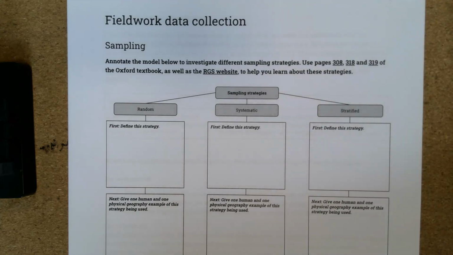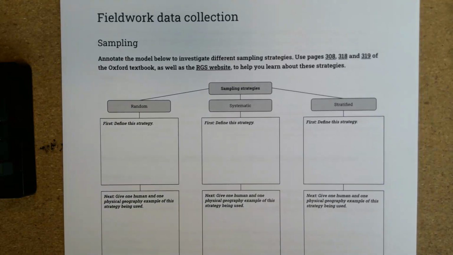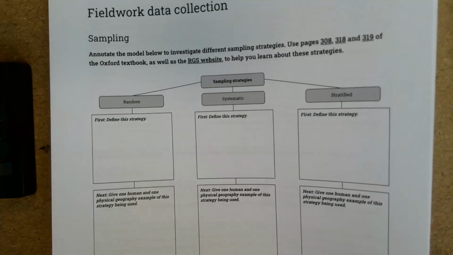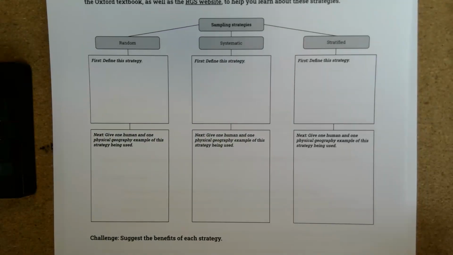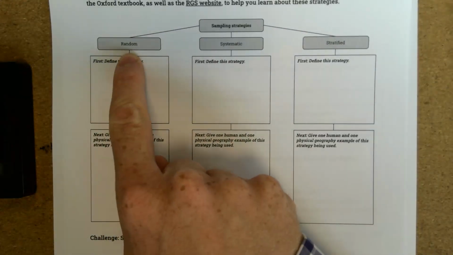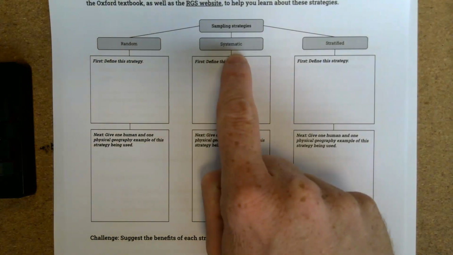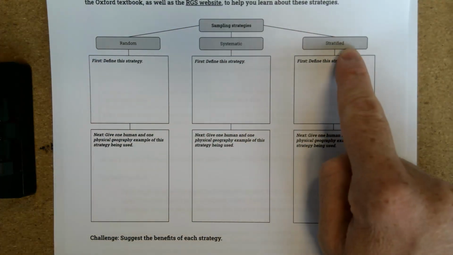As we move towards collecting data, we start to consider things like sampling strategies. There are 3 sampling strategies that you may have used with your fieldwork data collection: random, systematic, and stratified sampling.